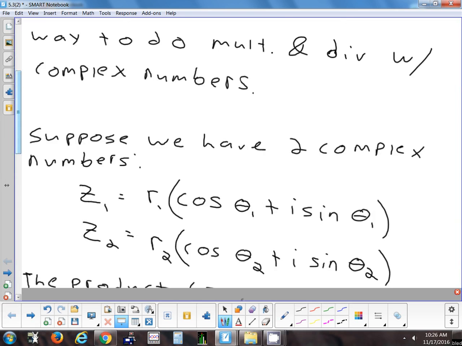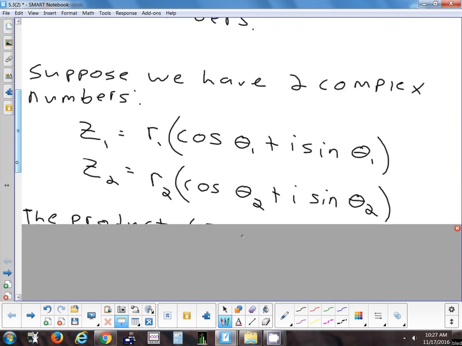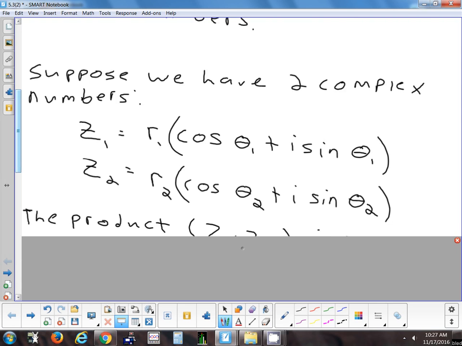And Z2, we'll just call that R2 for the radius and theta 2 for the angle. Again, when we do an actual problem, R2 will be a number and theta 2 will be a number. It'll all be numbers. So these are two complex numbers written in polar.